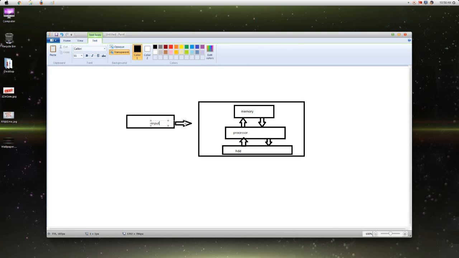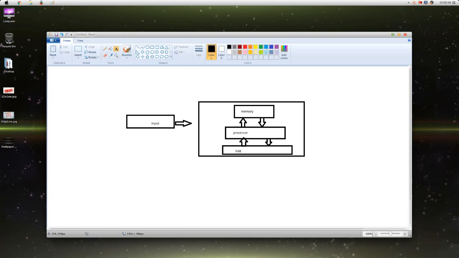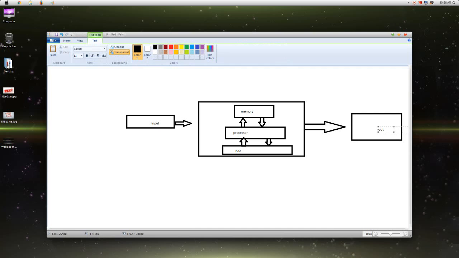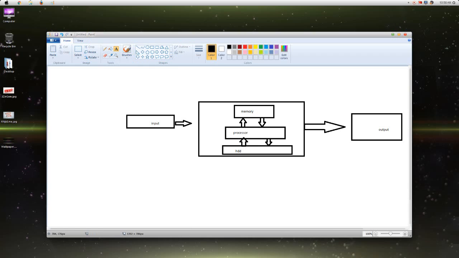Okay, when you give input, it goes to the processor, takes instructions from the memory or HDD, processes the data, then gives the output to us. Here is the output. Okay, these are the basic things that a computer does.